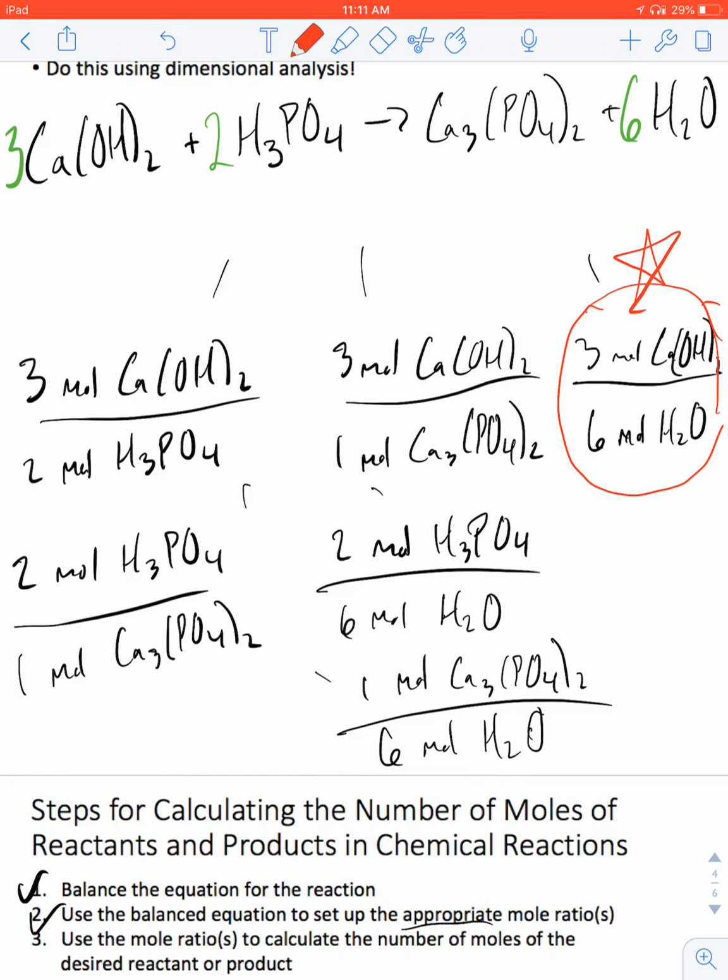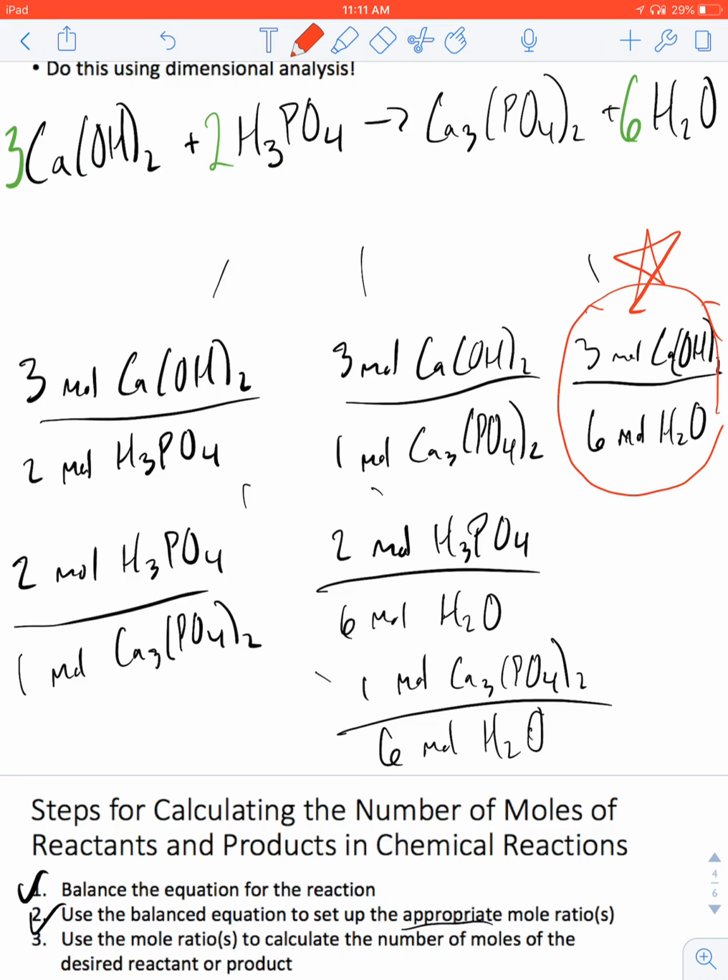It tells us that there's 3 moles of calcium hydroxide for every 6 moles of H2O. And just trying to use our chemistry lingo, remember, calcium hydroxide is a reactant and H2O is a product.